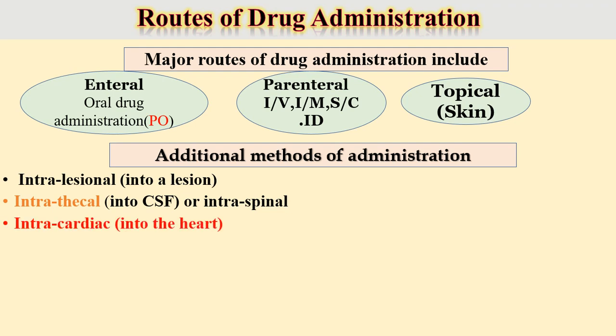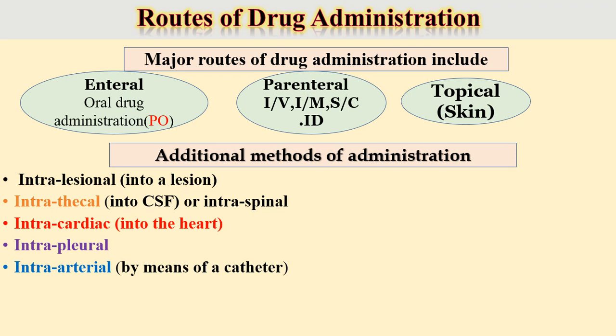And also we have what we call intracardiac, that means administered in the heart, and when we administer the drug inside the lung or pleural, we call it intrapleural. When we give a catheter via arteries, we call it intraarterial. And if we give it directly in the joint, we call it intraarticular. So these are the additional sites of administration of drugs.